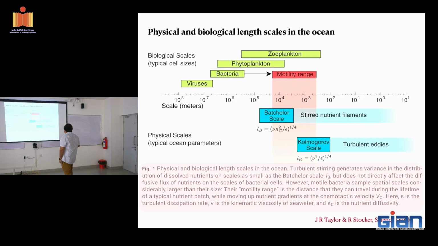So this is your scale, right? So that's 10 to the power 0, 1 meter, right? So here you can see your turbulent eddies ranging from where? Microscales, micrometers, up to meters, hundreds of meters, kilometers, and so on and so forth, right?